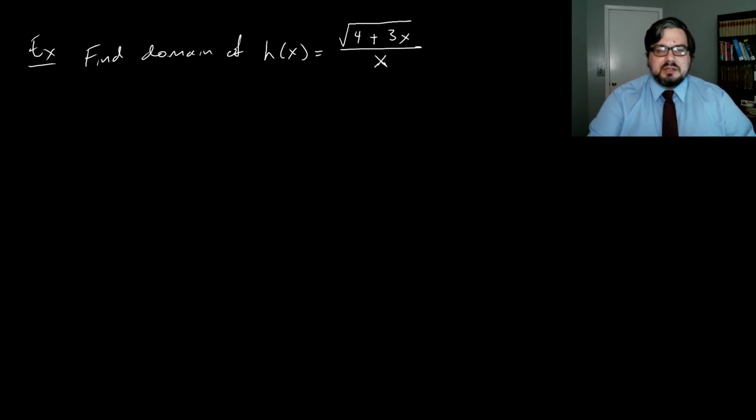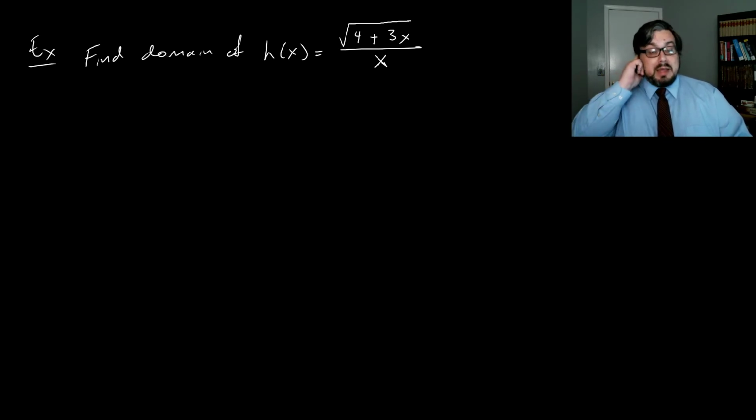This needs to be plus 3x. We want to find the domain of h of x, which is the square root of 4 plus 3x over x. So in this case, there are two parts to this problem that could give us issues. We have both a square root and we have a fraction at the same time.